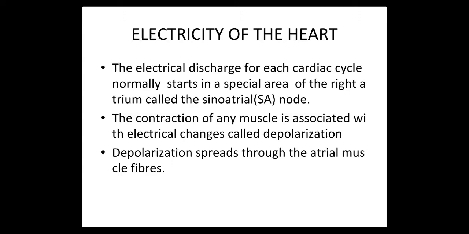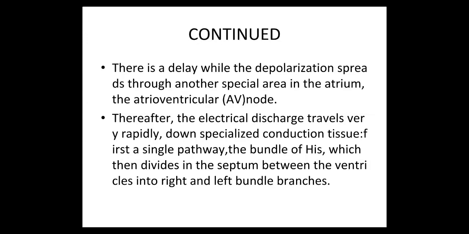Depolarization spreads through the atrial muscle fibers. There is a delay while the depolarization spreads through another special area in the atrium, the atrioventricular or AV node. Thereafter, the electrical discharge travels very rapidly down specialized conduction tissue.